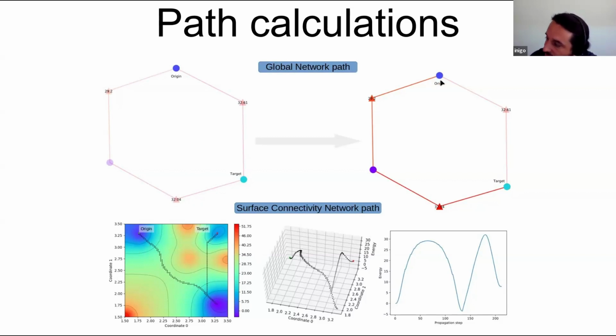And basically, the next step is to translate this global network path to a surface connectivity network path. So basically a path that is described in actual points in our original data set. That is what you see here below.